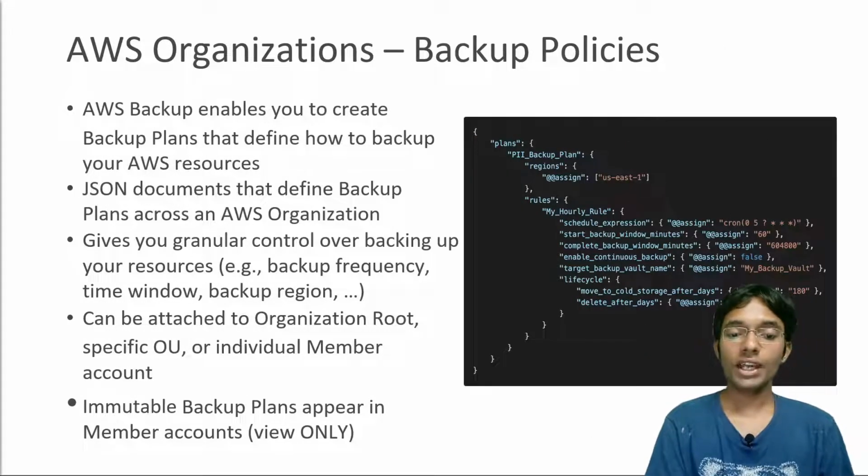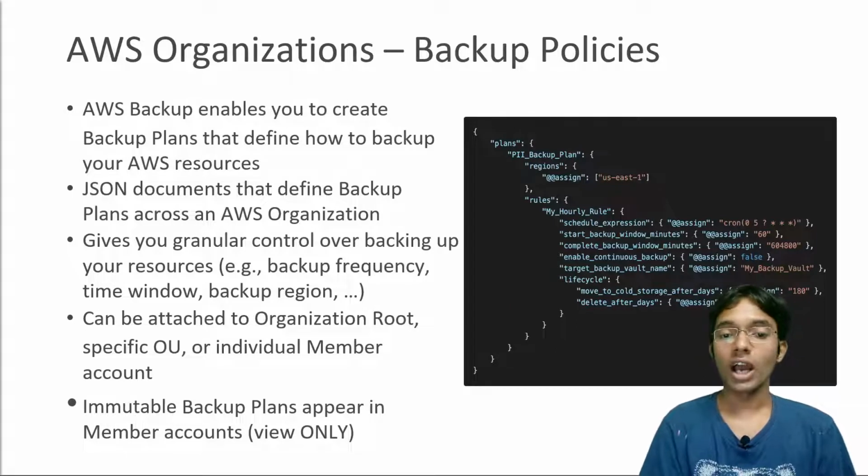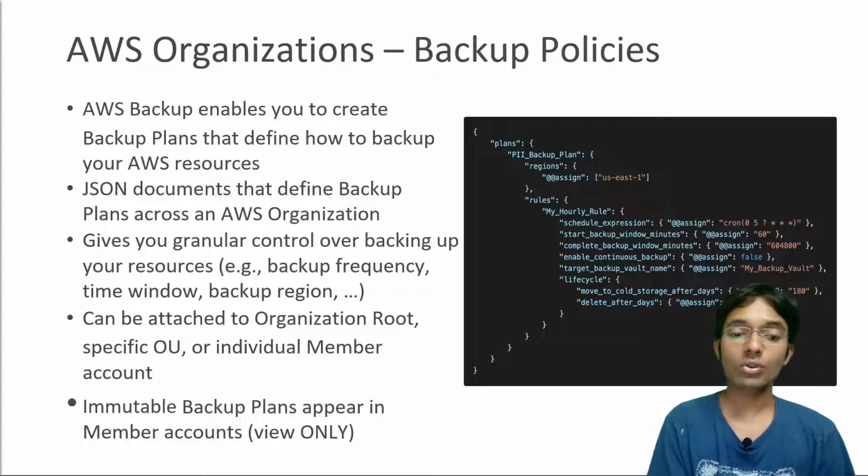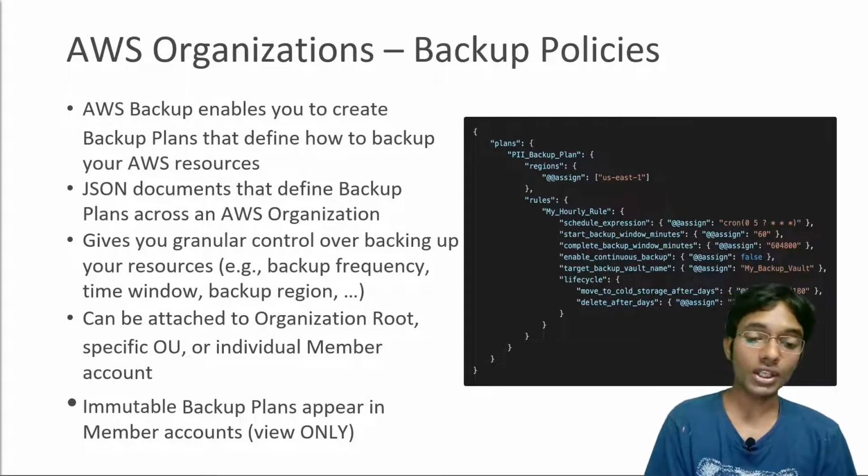And then, last on the list, we have backup policies. Backup policies help you define backup plans using AWS Backup. We define these backup policies at the organizational level with a JSON document, and it gives you granular control over the backing up of resources, such as the frequency, the time window, the backup region, etc. These can be attached at the organizational root, a specific organizational unit, or an individual member account, and it's an immutable backup plan.